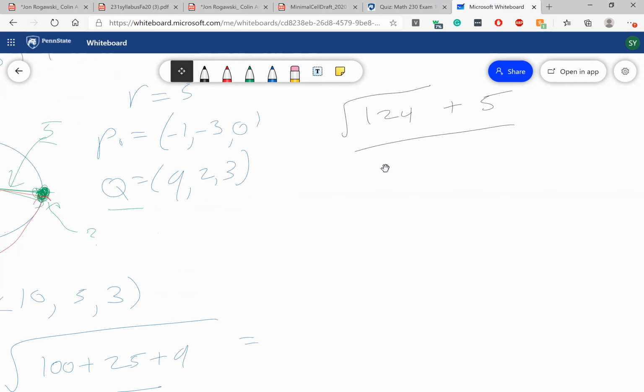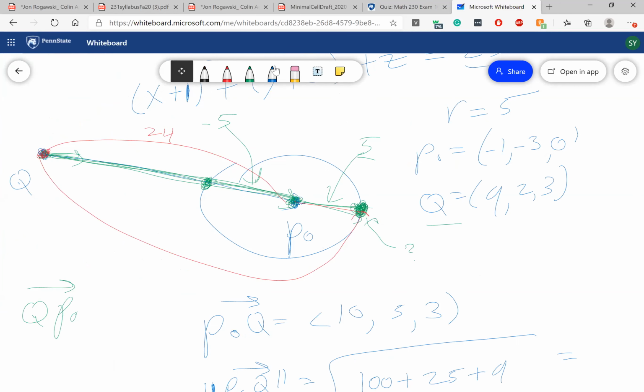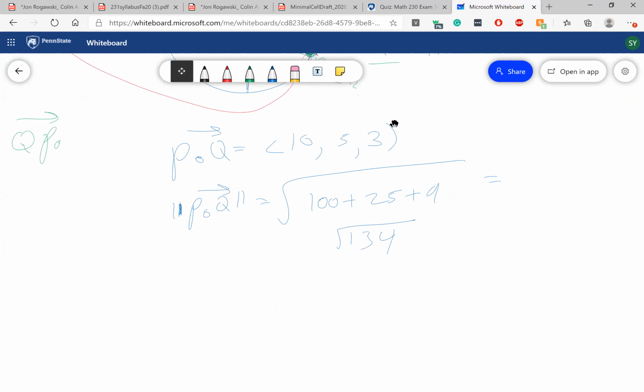Okay, now for the next thing. What if they ask you to find the exact point on the sphere, this point? Well, we already have this vector. Let's find its unit vector. So here's our vector, and the unit vector is just this divided by that.